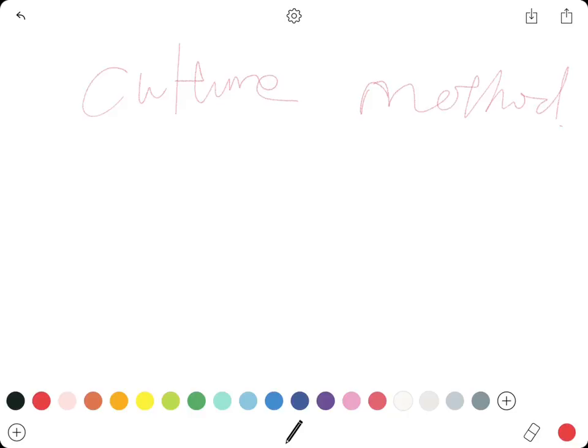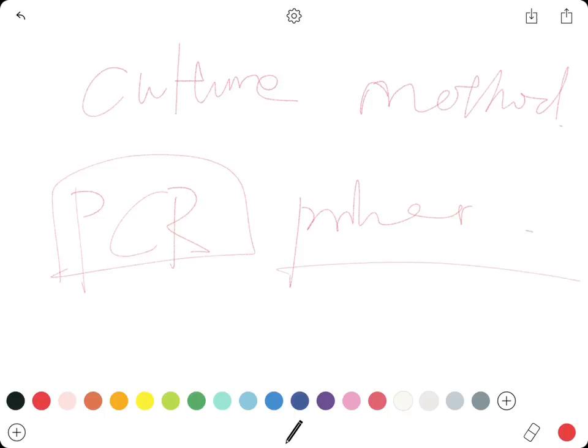The culture-independent method is to detect the resistance by PCR, with carefully designed primers to amplify the resistance gene.